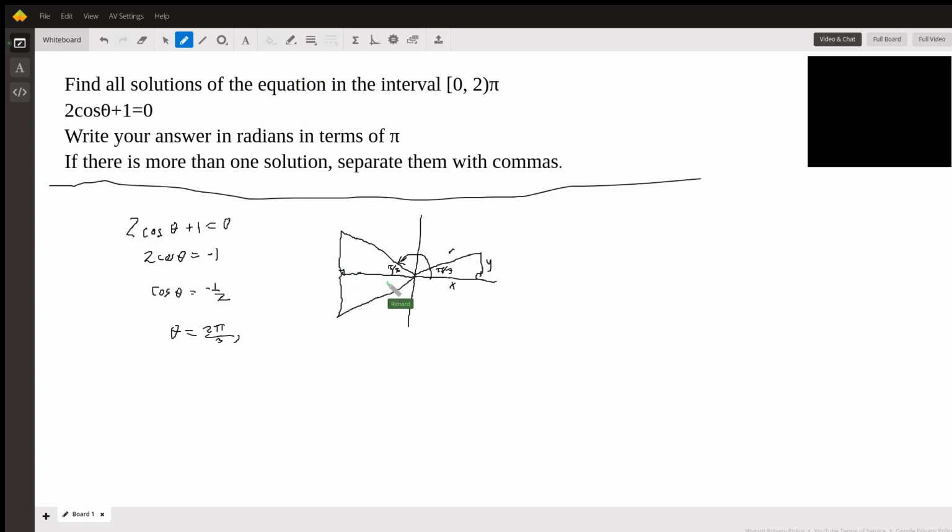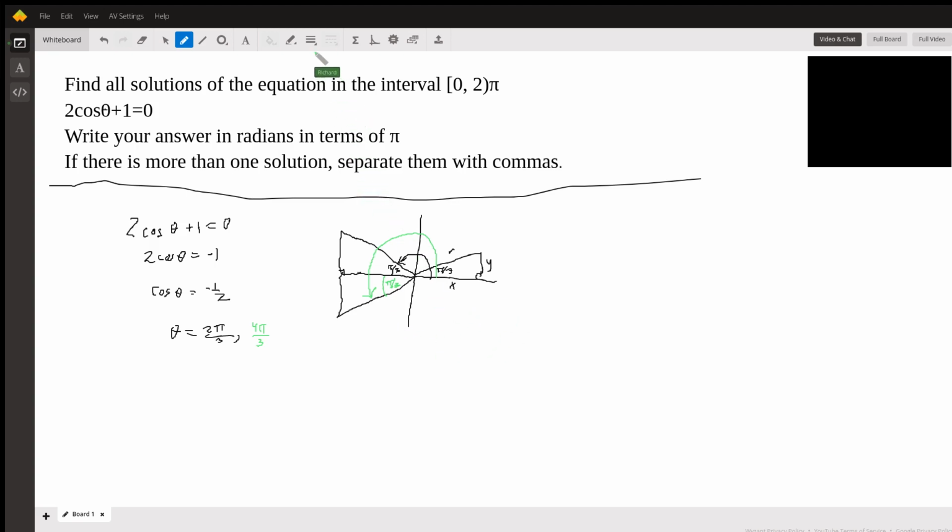So this would also be pi over 3 as a reference angle, but the angle of interest, the solution, is this angle here, which is going to be 4 pi over 3. And those are your two solutions.